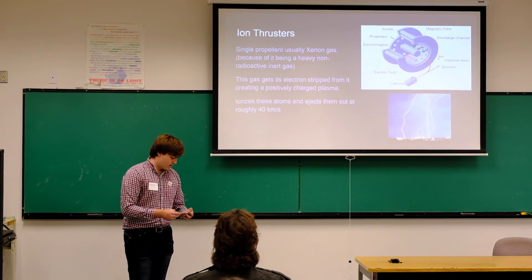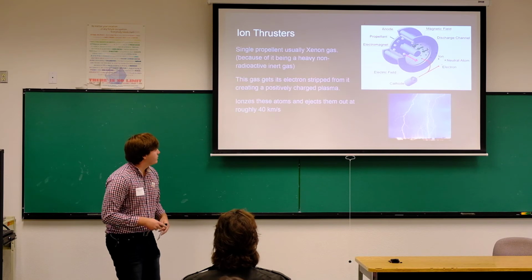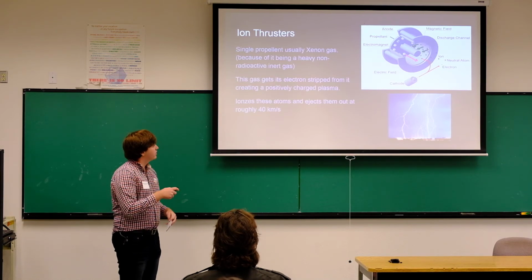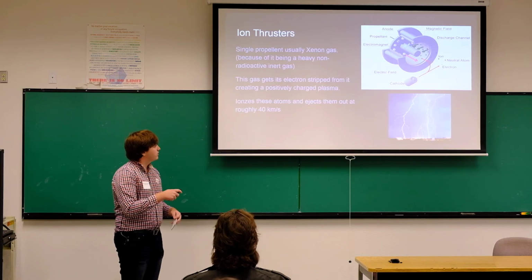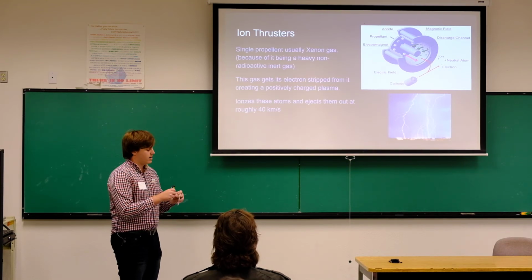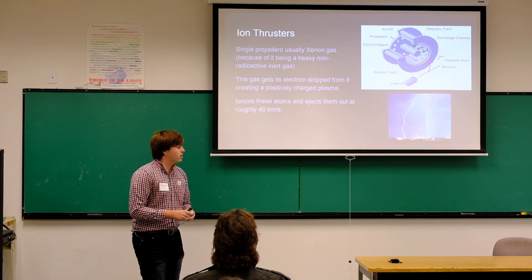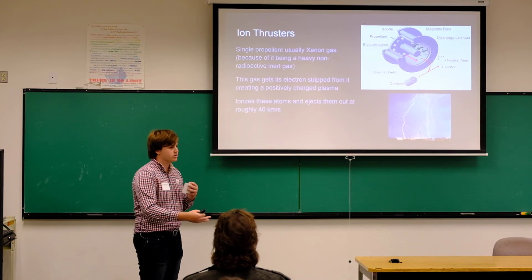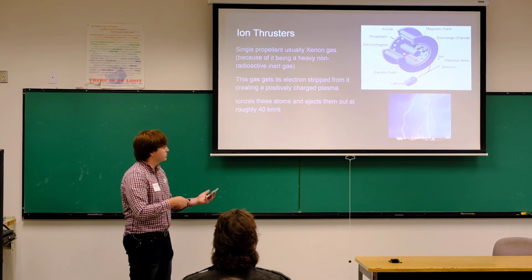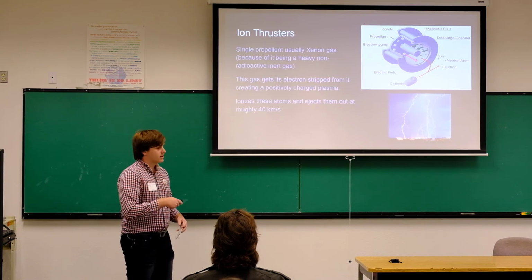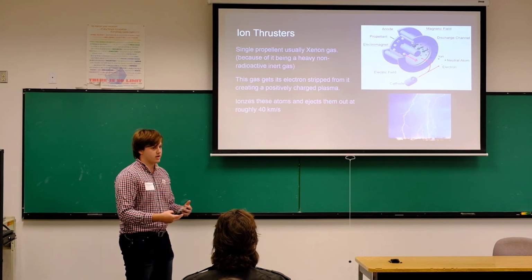Now, what happens is the propellant is pushed through this magnetic field, right? You have an electromagnet here, and it creates a magnetic field. The cathode strips an electron from the xenon, making it positively charged, turning that into a plasma. That's plasma. It's a positively charged gas.